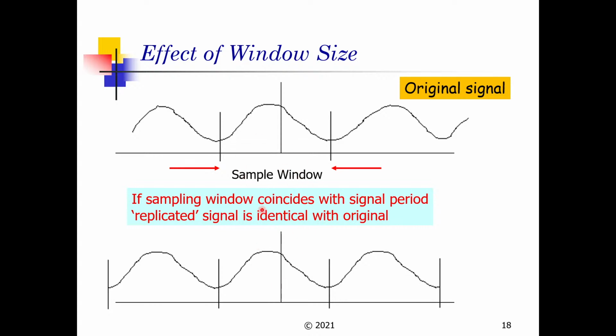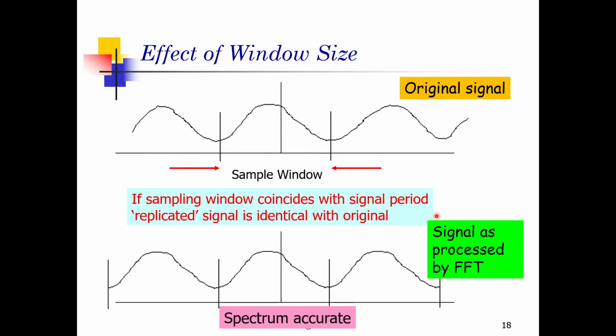So, sorry, when we go from the discrete time domain back into the continuous time domain. Once that sample window coincides with the actual signal frequency, everything is fine. You get a nice perfect reconstruction of the original signal. You also get an accurate spectrum because of the same sampling window coinciding with the signal frequency.